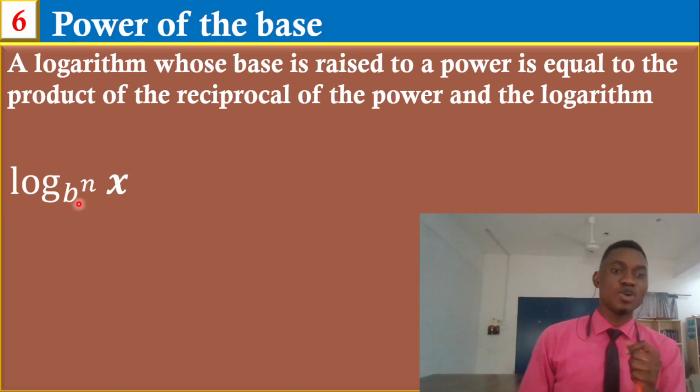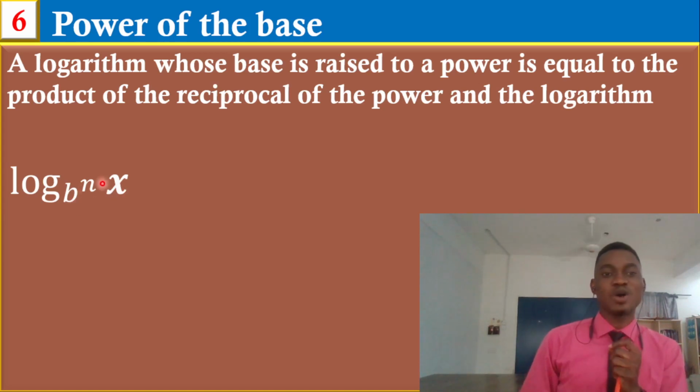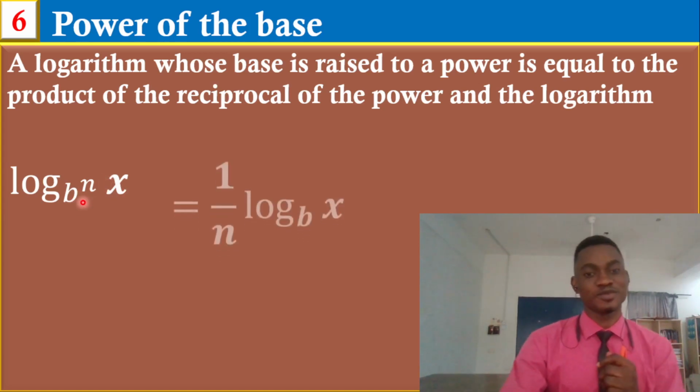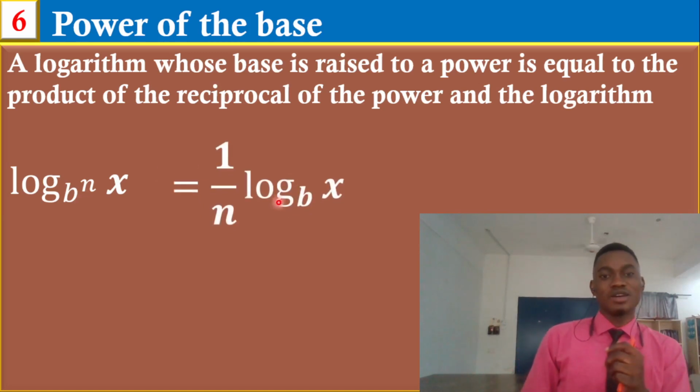If we have log x base b power n, it can be expressed as 1 over n log x base b. What happens here is this: the reciprocal of the power, which is 1 over n, is used to multiply the logarithm log x base b.